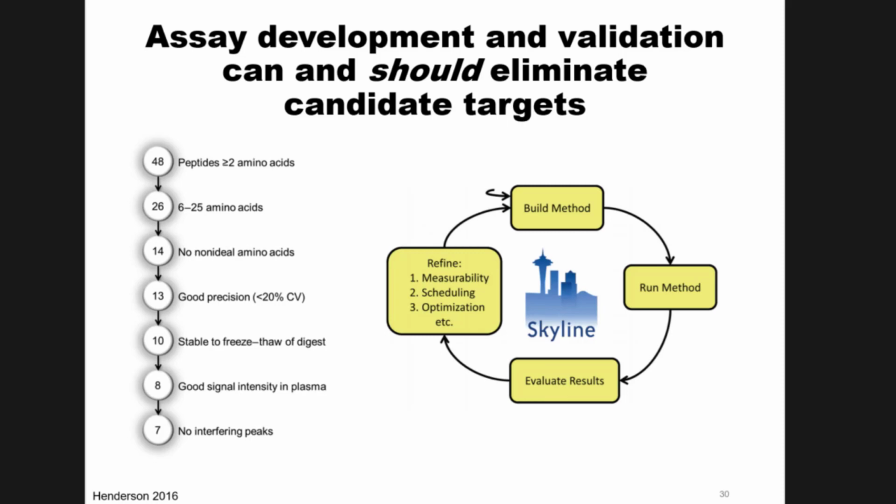You can look in different plasma matrices from different populations to say, oh, one of these peptides has transition interference that I shouldn't use. And then at the end of the day, all of these calibration validation experiments should narrow down your list pretty quickly. You should eliminate a lot of targets, which is kind of sad to see at first, but you're being left with the best candidates.